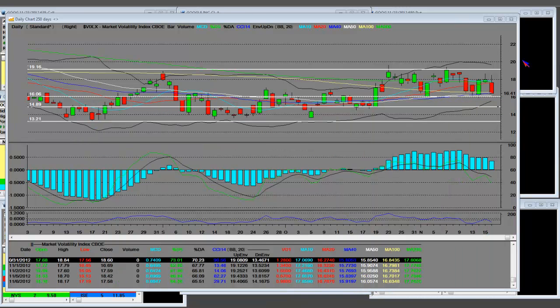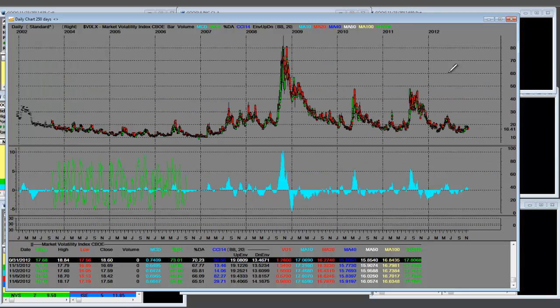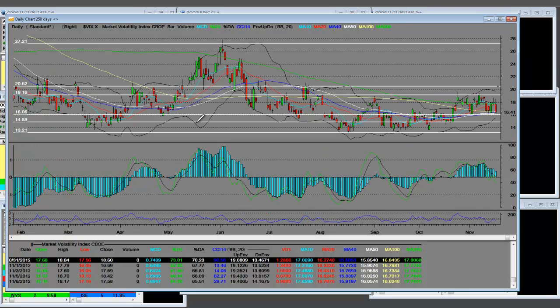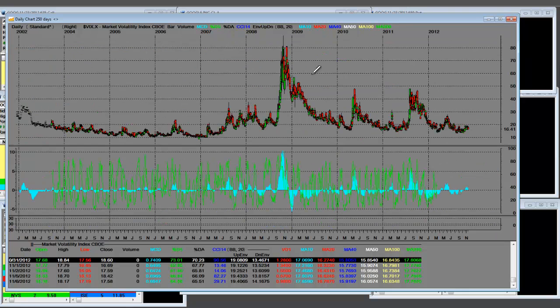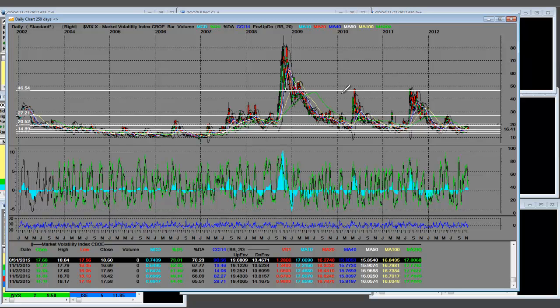We'll be taking a look at various different strike prices. We are relatively low in this reading, even though we've had the correction. When we had huge spikes up in the past, going back into history to 2010, fear was rising and markets were selling off, and when the markets put the bottom in, this put the high in.